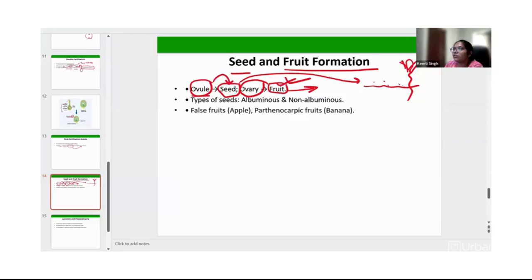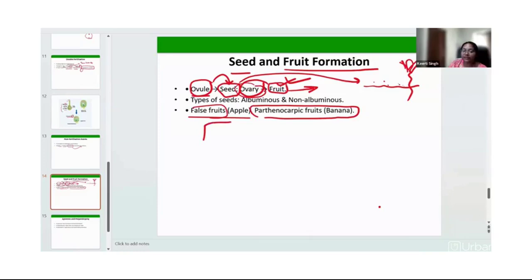And we are also going to see why apples are called false fruit, and what parthenocarpic fruits are. Why is this a false fruit? See, the fruit normally develops from the ovary.